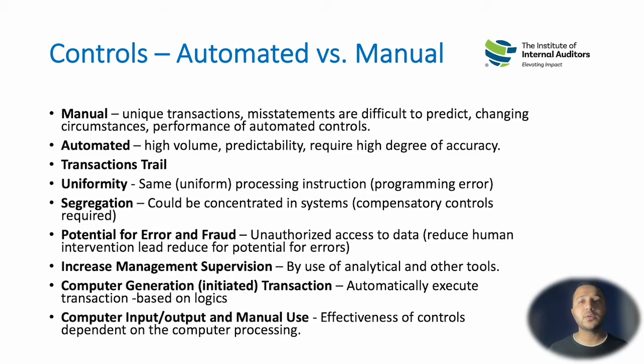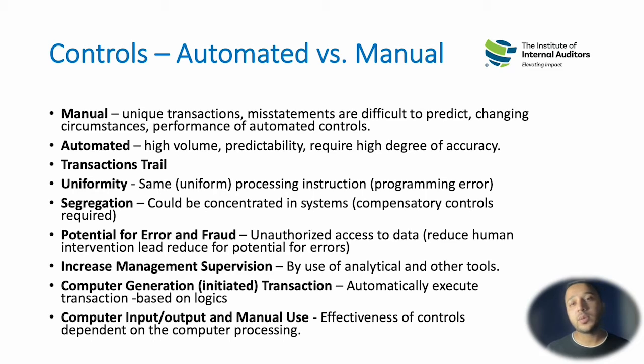Why? Because automated controls are basically rule-based, so we define logics within the system, and the system in itself works based on those logics or criteria, and measures the activity based on those criteria and does the task as intended.